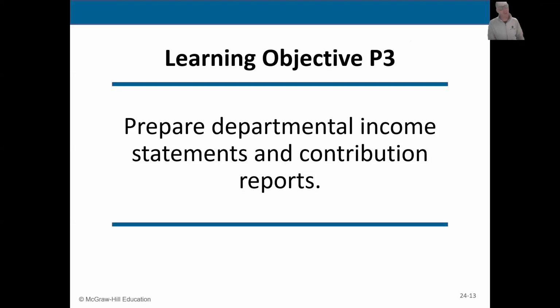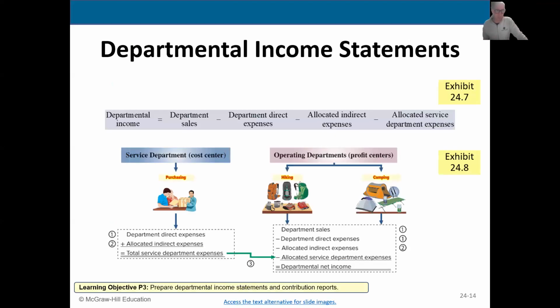For example, the jewelry department at Macy's has its own income statement. As you know, the income statement shows the sales that the department made, and all of the expenses allocated to that department. At the end, we get the net income for the department. So let me show you how it looks.